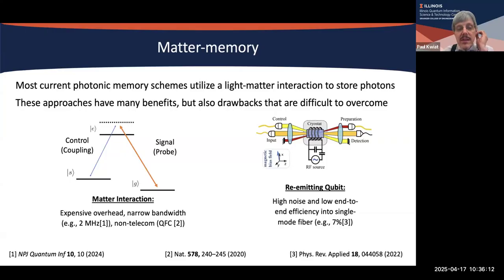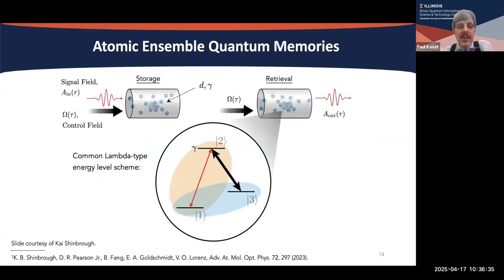And as indicated here, I'll go into a little bit of detail in just a second, but the issue is that often these can have quite expensive overheads in terms of needing lots of laser systems, maybe cryogenic systems if we're talking about rare earth ions, something like that. And they'll also tend to be pretty narrow bandwidth.